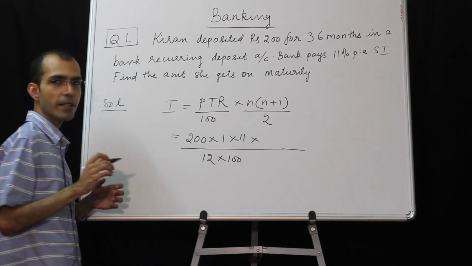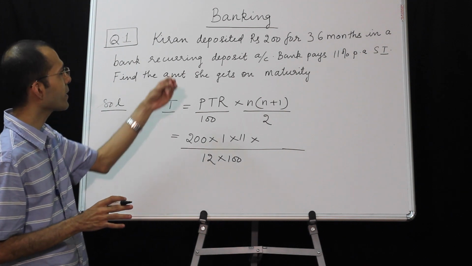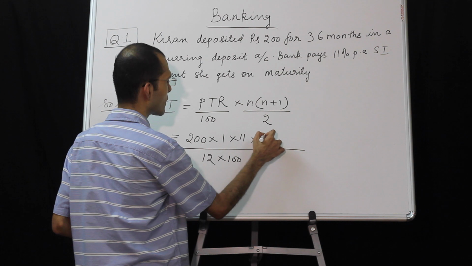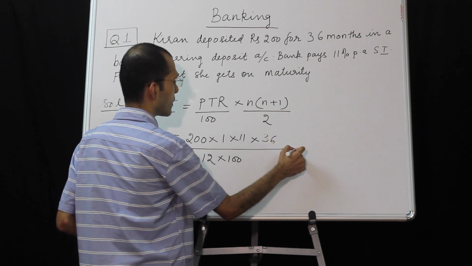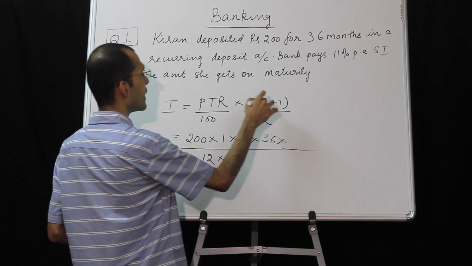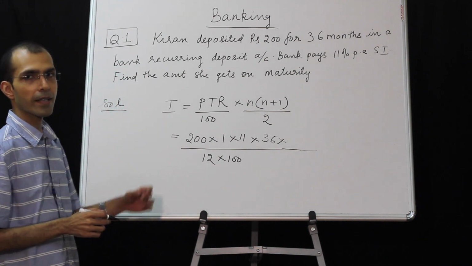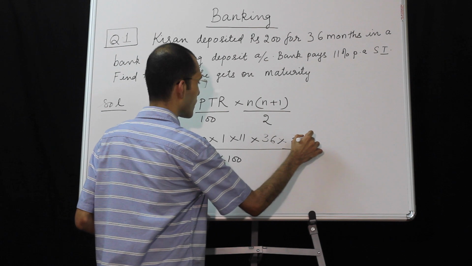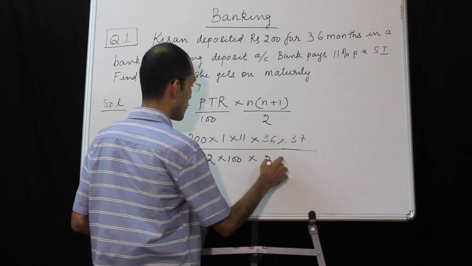Into N. N stands for number of months. Here directly number of months are given to you, 36. So into 36 into N plus 1, that is 36 plus 1, 37 upon 2.